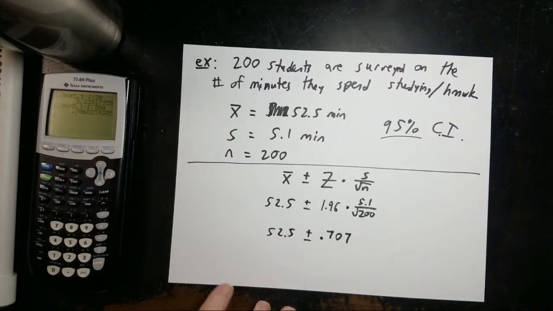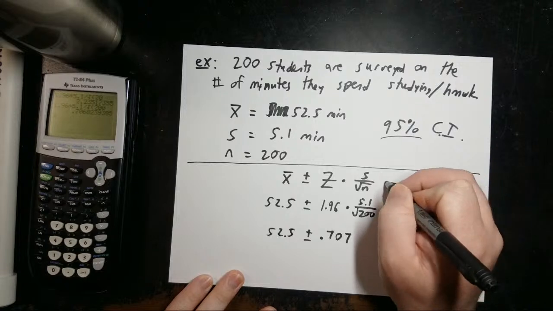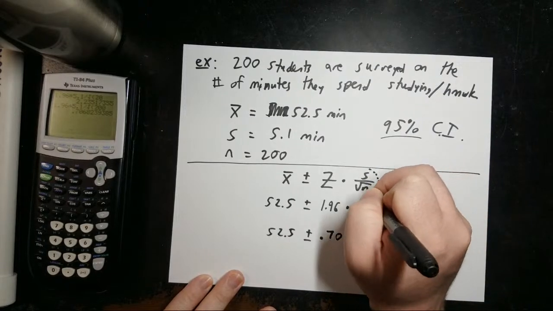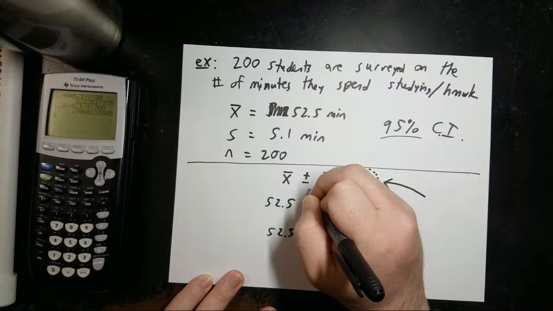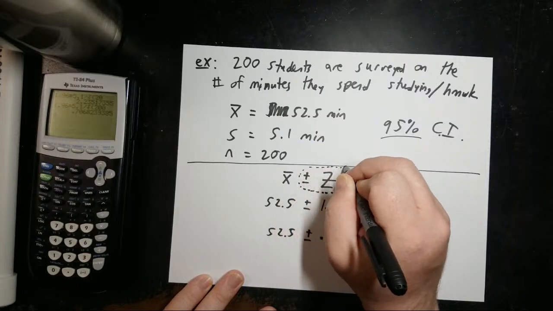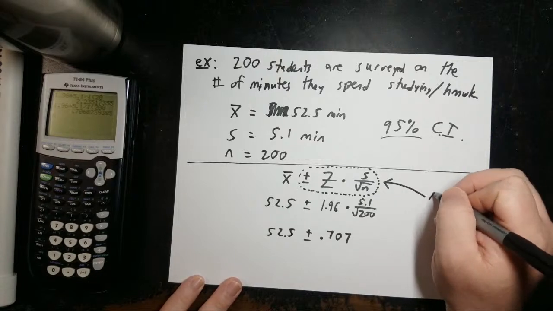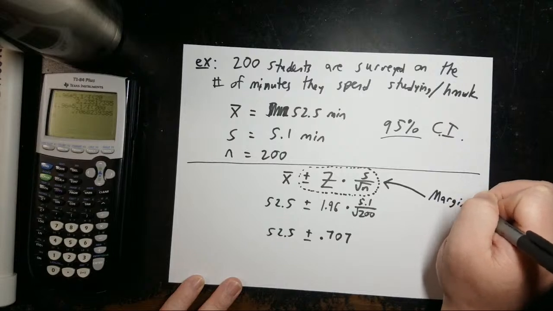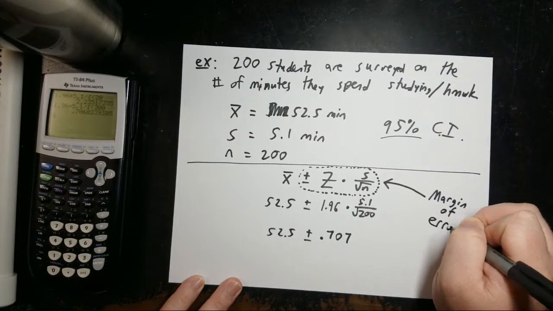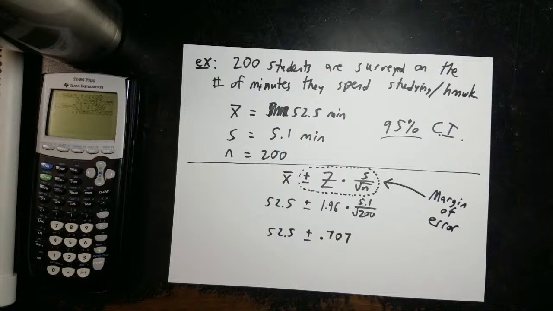Now, I want to point something out about this portion of the formula, before I finish the calculation. This portion of the formula is known as the margin of error. A lot of people have heard that phrase, margin of error, and they have their own opinions as to what it is defined to be.